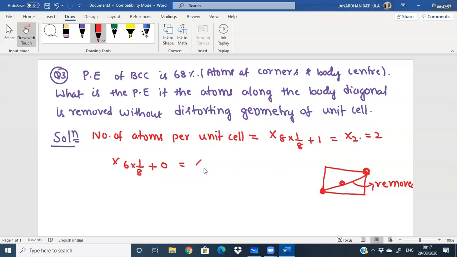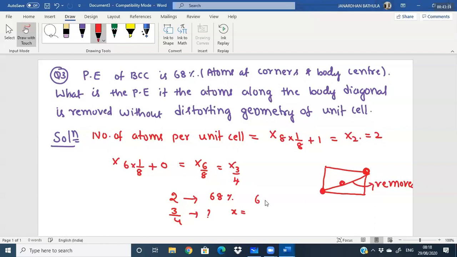Then it is equal to x into 6 by 8, which is equal to x into 3 by 4. Then 2 atoms occupy 68%. 3 by 4th atom occupies how much?